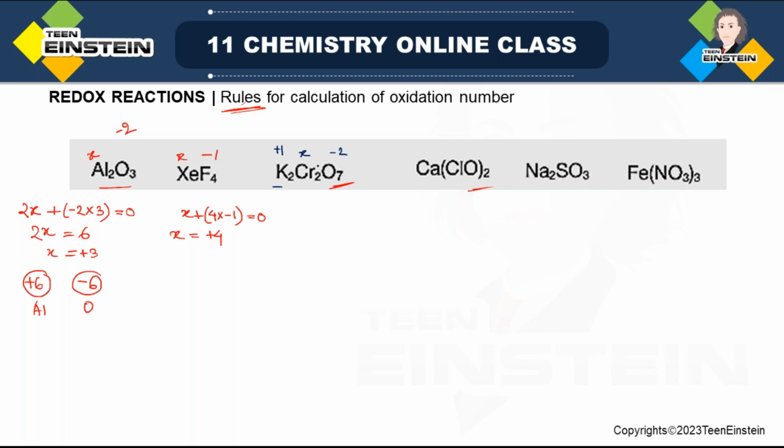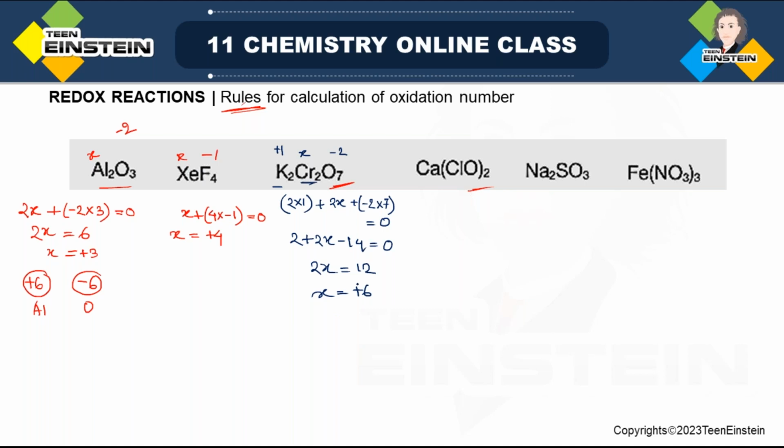If we want to know that, just consider it as X. For 2 potassium it will be 2 into 1, for 2 chromium it will be 2x, and there are a total of 7 oxygen, and for each oxygen it will be -2. So -2 into 7, overall charge is 0. So it is 2 plus 2x minus 14 equals 0. So 2x will be equal to 12, so x is equal to +6. That means here chromium has oxidation state +6.